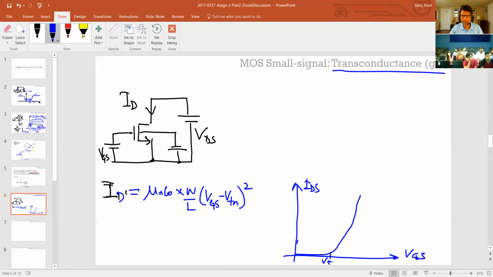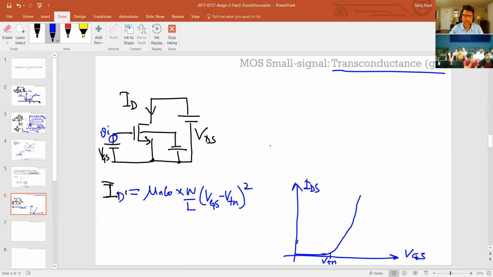Well, almost 0, because we can actually operate it in this region called the subthreshold region, where the gain is actually the highest, but the current densities are low. So that's your nonlinear equation. So let's say we want to operate this at certain VGS, and we give a small signal, let's say VI, right? And we want to find out what the small signal delta I is.